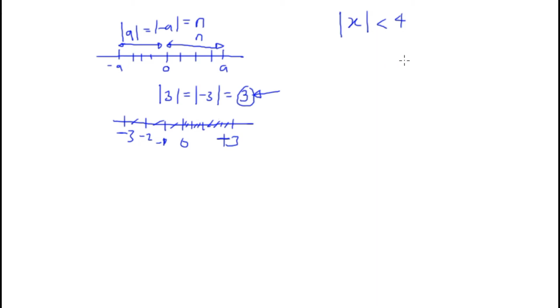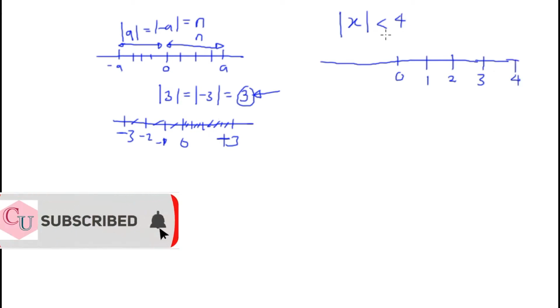These are values of x in which their units away from 0 is less than 4. We can find 1 in that interval because 1 is 1 unit away from 0, not up to 4. We can find 2 in that set. 3 is also part of the x, but 4 is not part because it is less than.